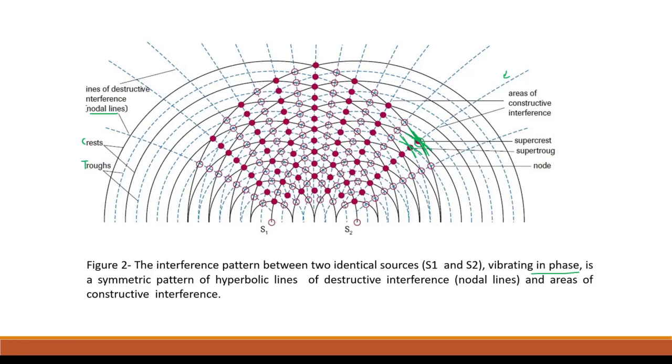Whereas the nodes are where we have destructive interference, and we have a crest from one and a trough from another. And so we're getting destructive interference here, and so we end up with a node here. And so when they all line up, we have a nodal line. And that's why we have the areas of constructive and destructive interference.